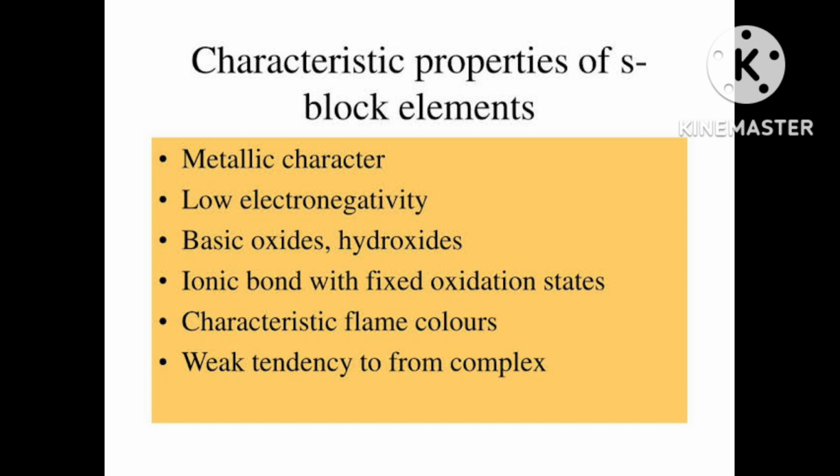Now rubidium will show red violet, and its wavelength is 780. Cesium will show blue color, and its wavelength is small.